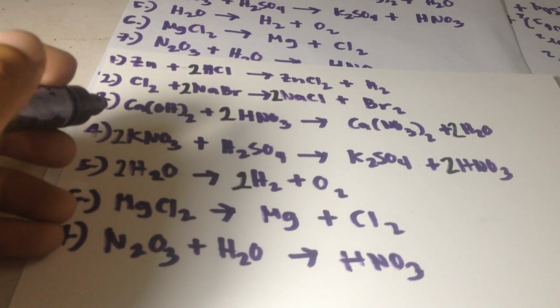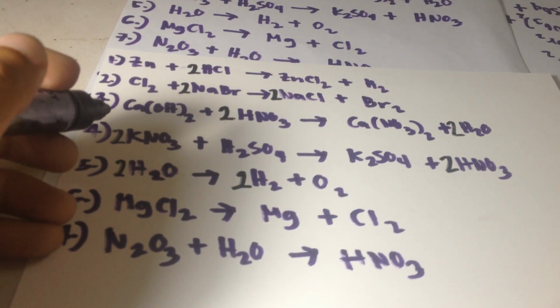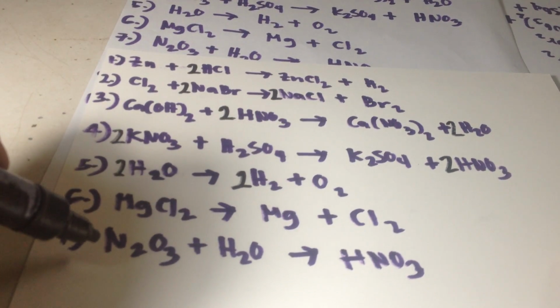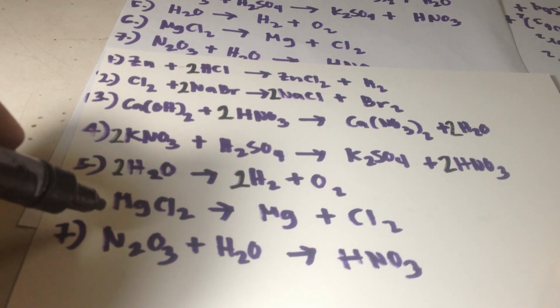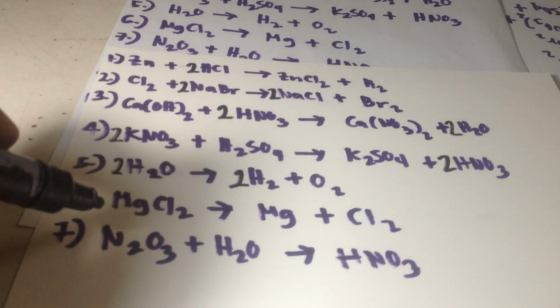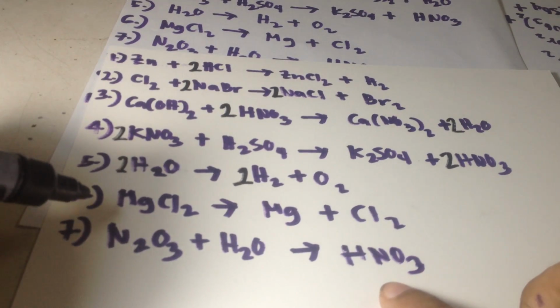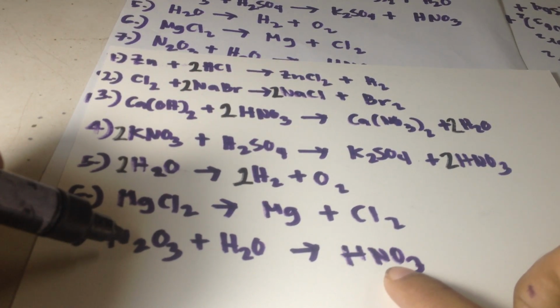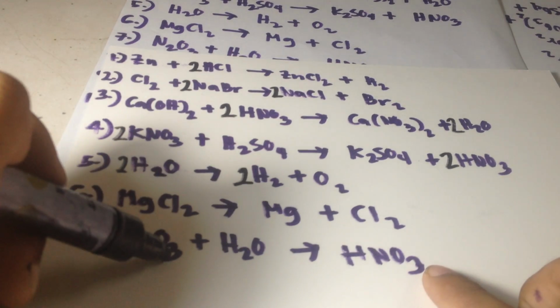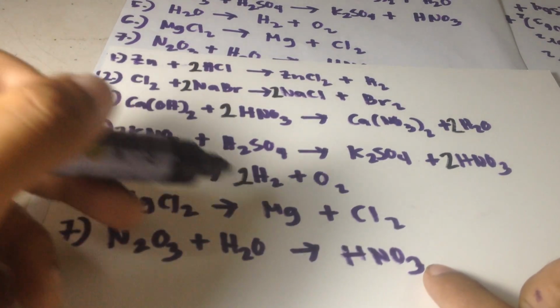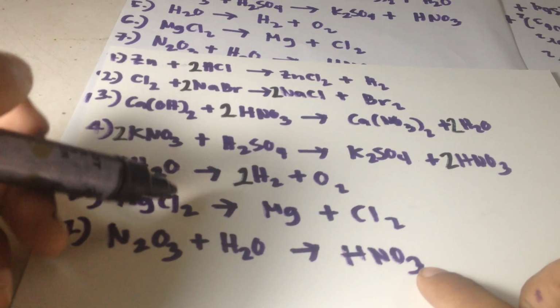Here in the synthesis reaction, we need to balance this equation. Nitrogen has 2 here and nitrogen has 1 here, and oxygen has 3 plus 1 which is 4, so they're not the same.